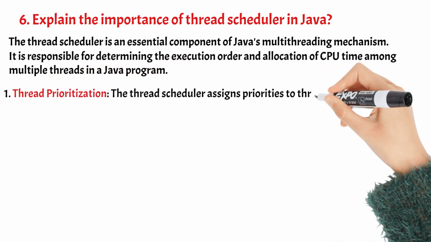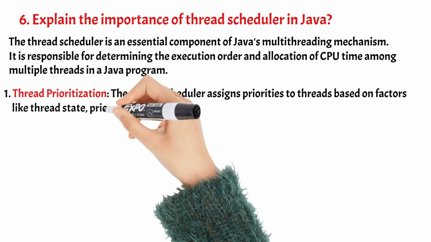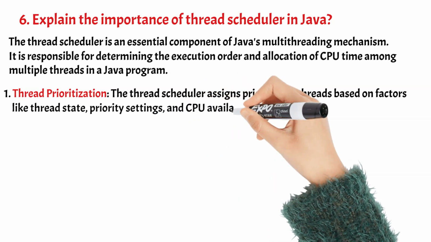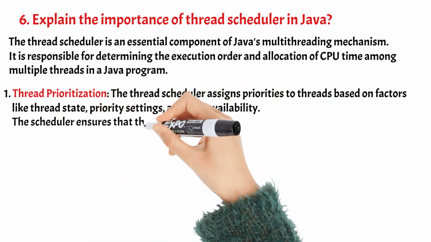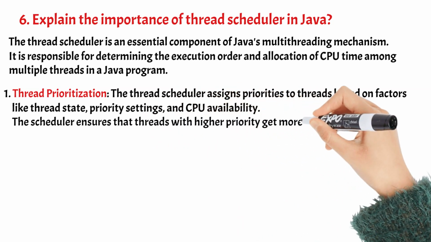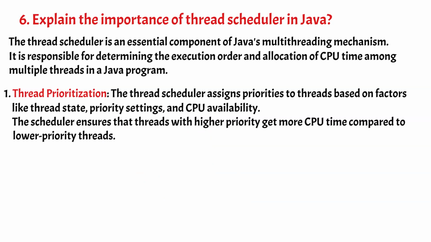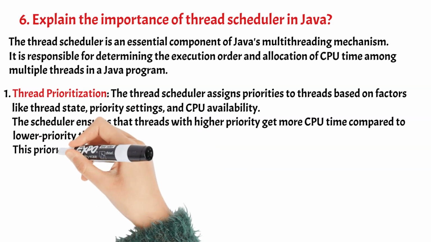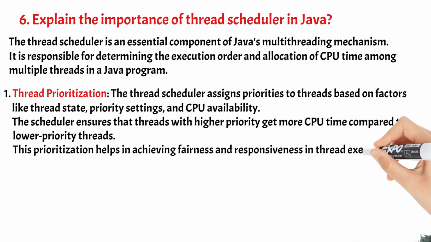The thread scheduler assigns priorities to threads based on factors like thread state, priority settings, and CPU availability. The scheduler ensures that threads with higher priority get more CPU time compared to lower priority threads. This prioritization helps in achieving fairness and responsiveness in thread execution.